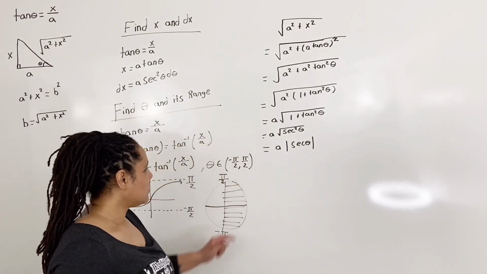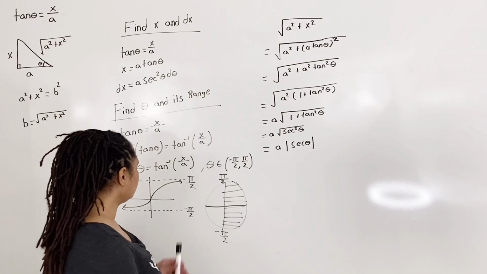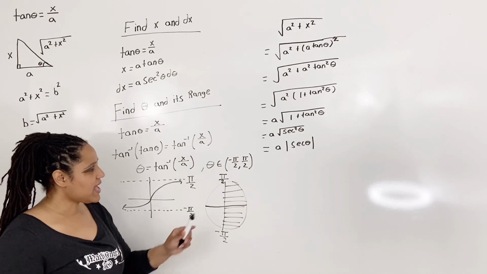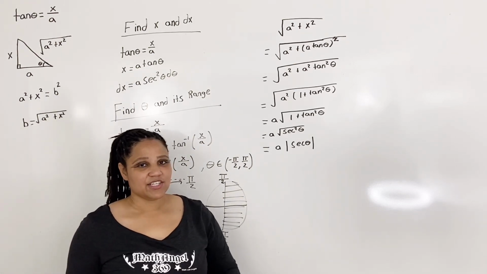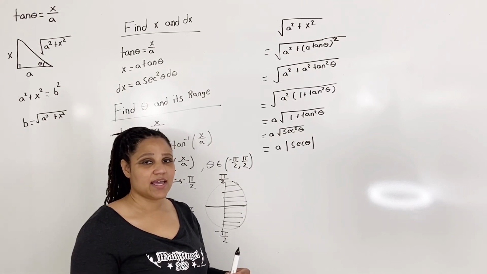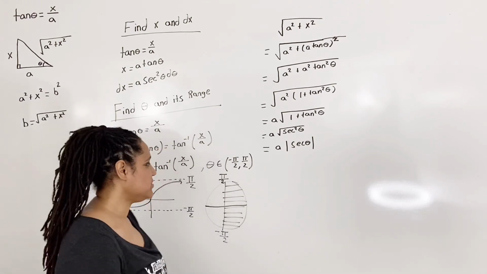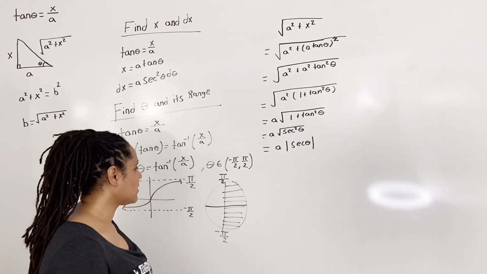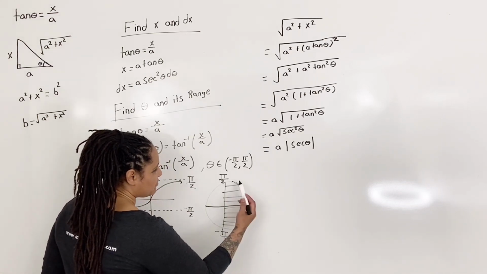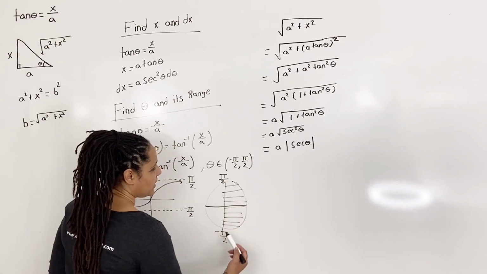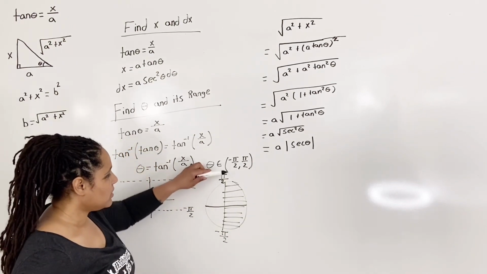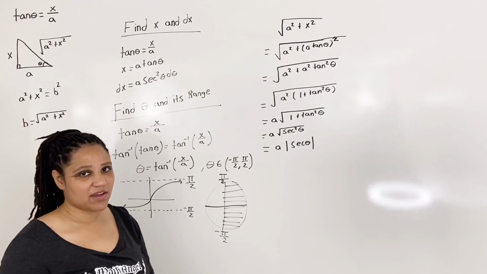Now, we know that the angle theta is between negative pi over 2 and pi over 2. And we know that secant of theta is just 1 over cosine theta. And cosine theta takes on the x values, and sine theta takes on the y values of the unit circle. So that means that this right region will only have positive x values, which means that secant theta will always be positive in this interval between negative pi over 2 and pi over 2.